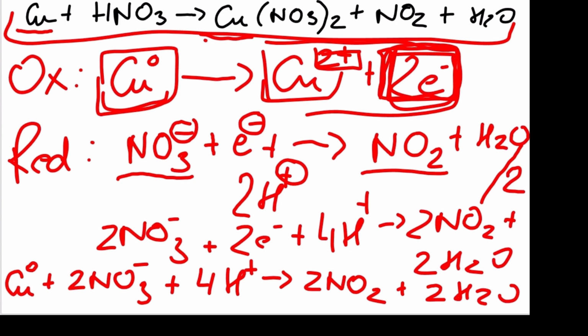So we can write 2 in front of nitrogen dioxide. Okay, what else? We can sum up the nitrogen atoms. On the right side we have 4 nitrogen atoms. So on the left side we can write 4 in front of nitric acid. And it's correct because in the overall reaction below we have 4 H plus ions.